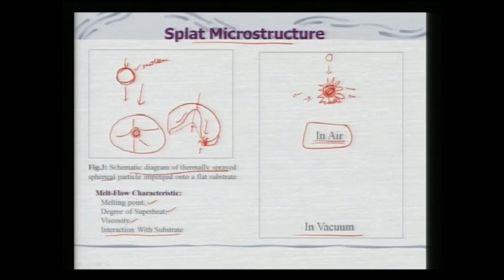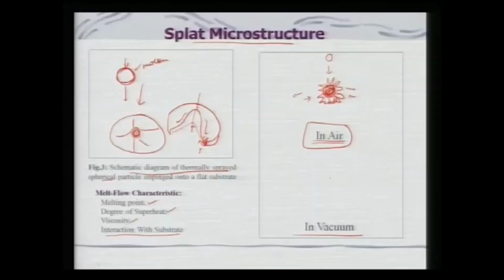But in vacuum, what is happening? It is not experiencing any resistance. At the same time, it is also achieving enhanced thermal superheat. So, what happens in this case? It will try to spread out to a very large extent. Upon impact, the splat spreads very thin. The overall diameter is much more than the diameter in air.